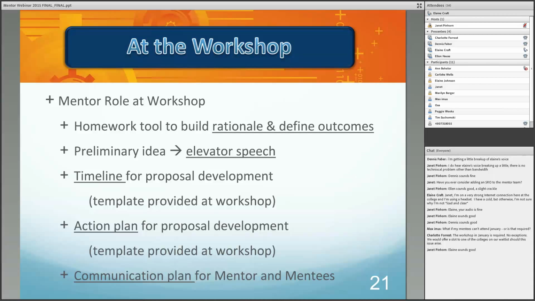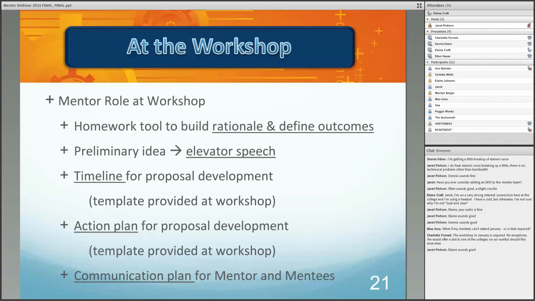The next big assignment at the workshop is for each team to rewrite the statement of interest from the application that the college submitted into a desired outcome statement for their project. The mentor's role is to provide feedback and guidance for this refinement process. This desired outcome statement will serve as the team's elevator speech for sharing during the workshop and for selling their project plan back home.